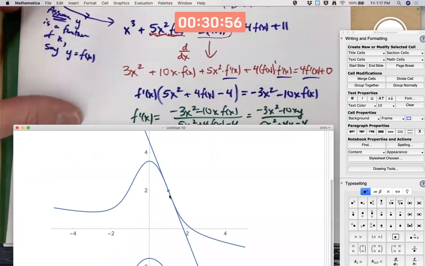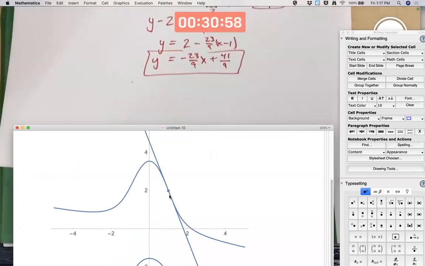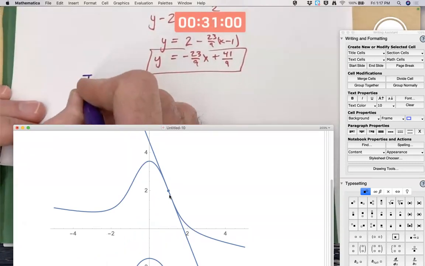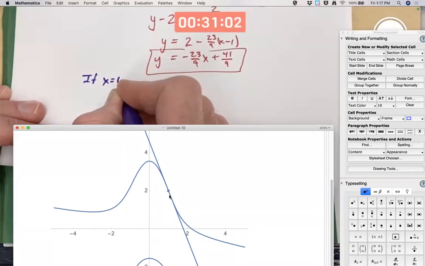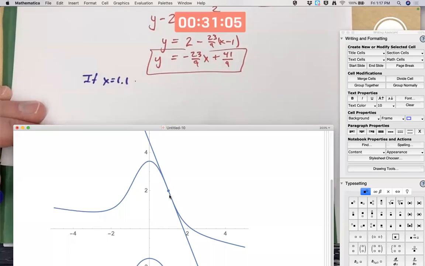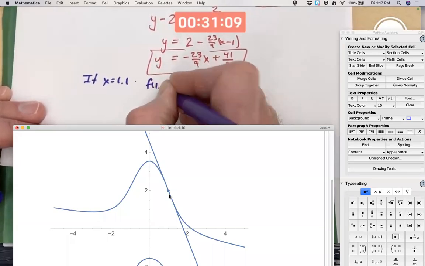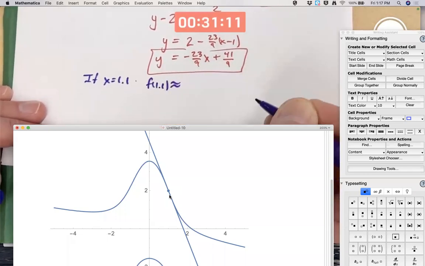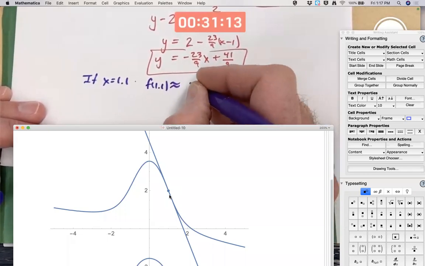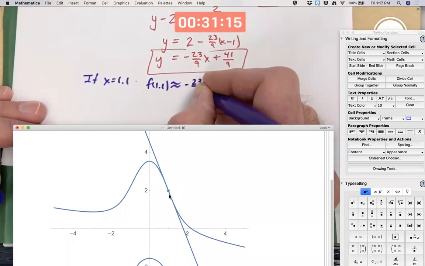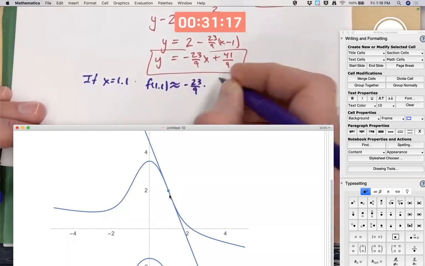For example, if x is, say, 1.1, f of 1.1 would be approximately, but not exactly, negative 23/9 times 1.1 plus 41/9.